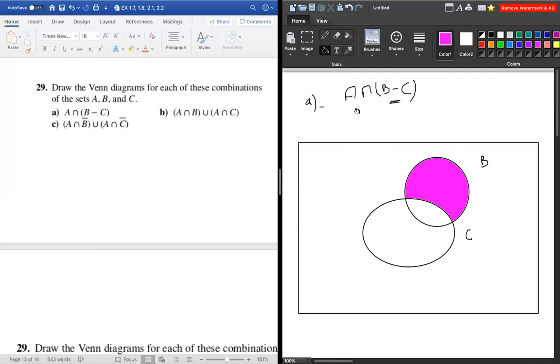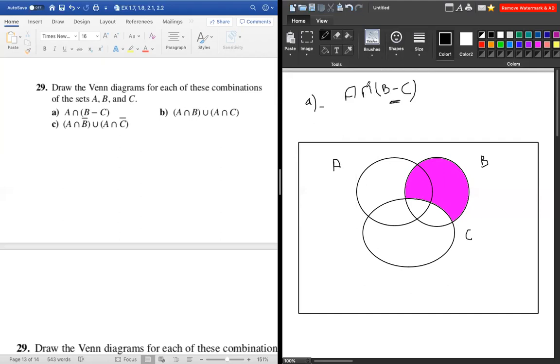And then we have an intersection with A. So let's include A now. Let's use black. So this here is A, right?